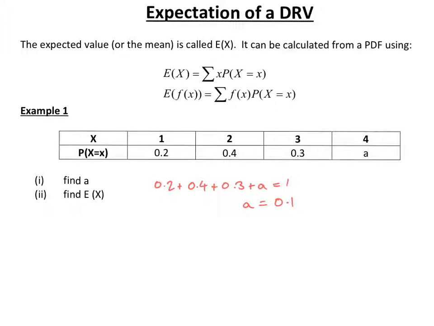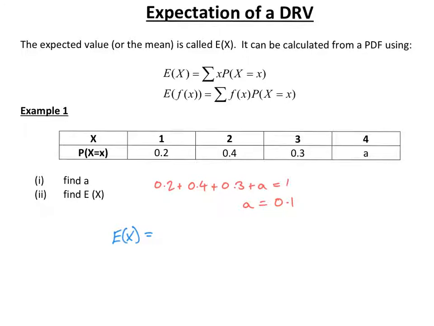Now, we're then asked to find the expected value of x, the mean of x. And the way that we do that then is E of x, capital X, is equal to, well, first of all, it's this column, so the value of x is 1, and we multiply that by 0.2.